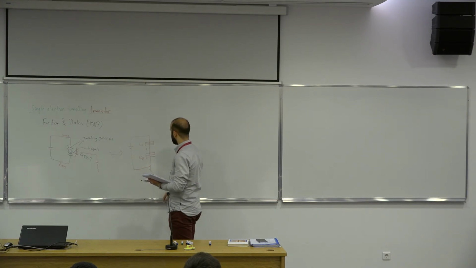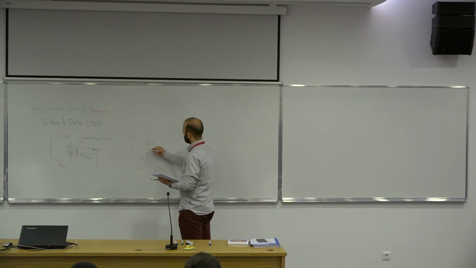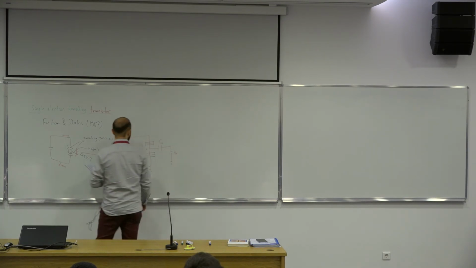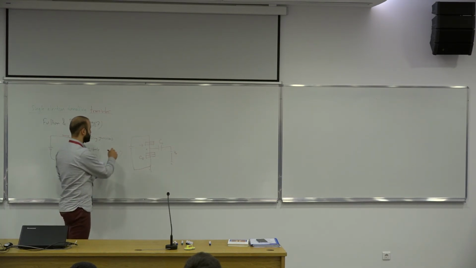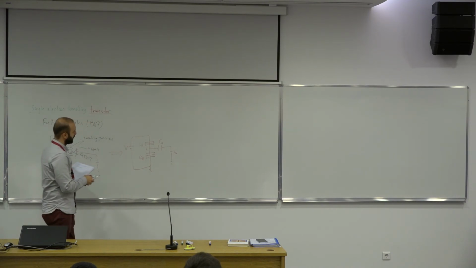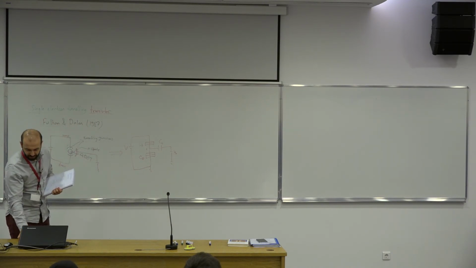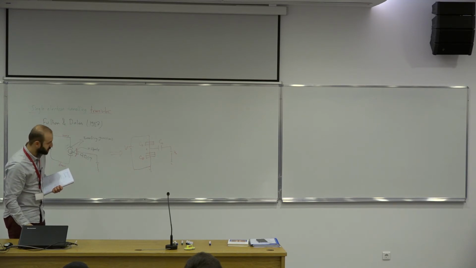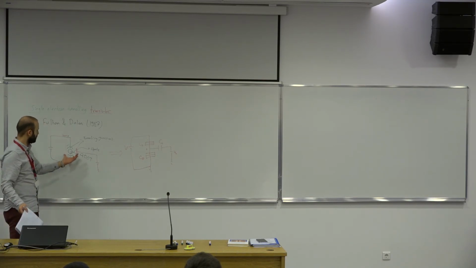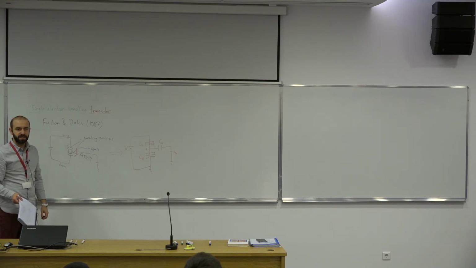And then we can ground this side. And then here we have a capacitor, CG. Sorry. And this is VG, and this side is grounded. So this is also the bias voltage that we can apply. This is a schematic circuit diagram that's equivalent to a single electron transistor.